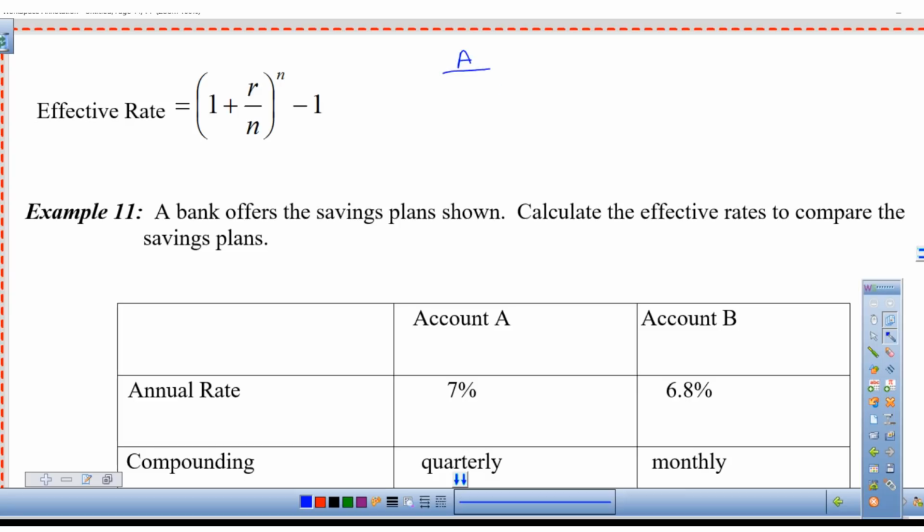Okay, so account A, the effective rate is, parenthesis, 1 plus the rate is 0.07. It's compounded quarterly, so that's a 4. Raised to the n, which is a 4, minus 1.